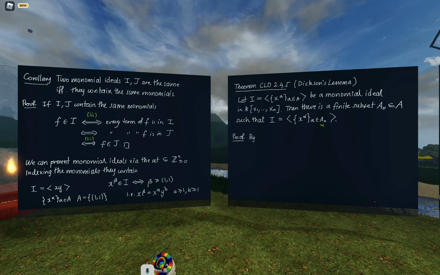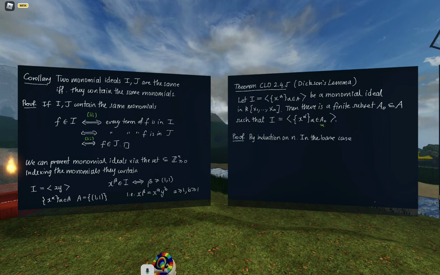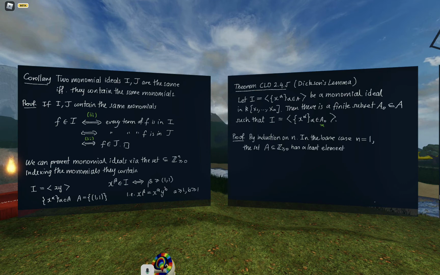So the proof is going to be by induction on n, the number of variables. So let's think about the base case. We've already kind of thought about the relevant fact in the example I was mentioning earlier with x squared versus x cubed. So in the base case n equals 1, the set of indices A is just the set of non-negative numbers, the powers of the variable, and that has a least element, mu.